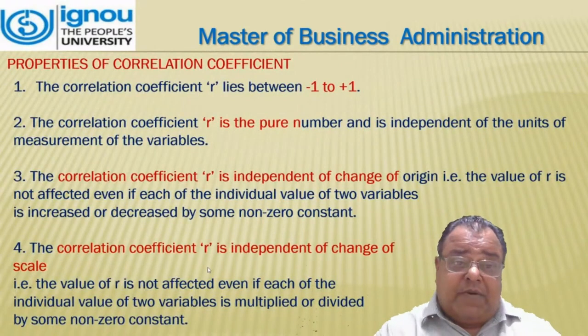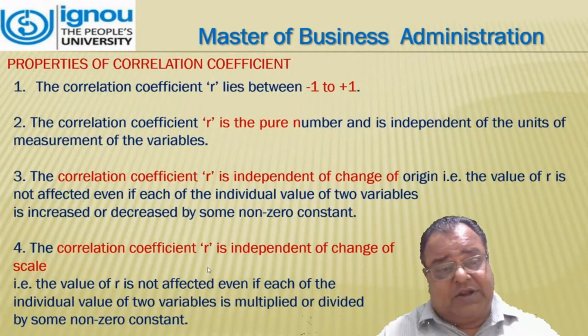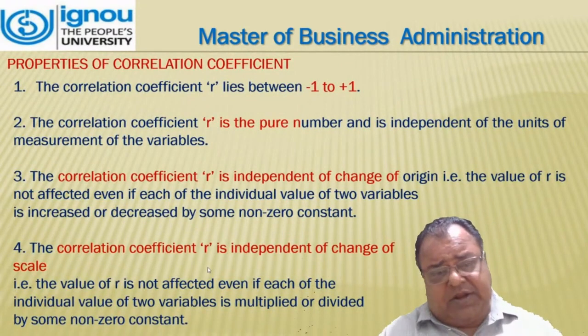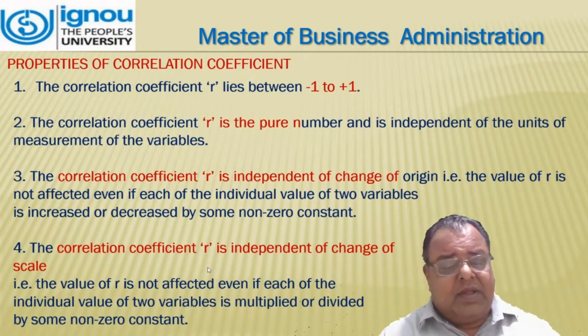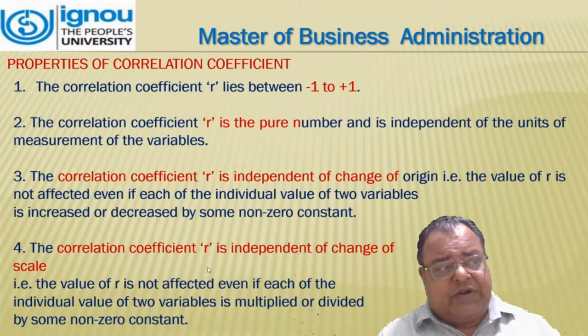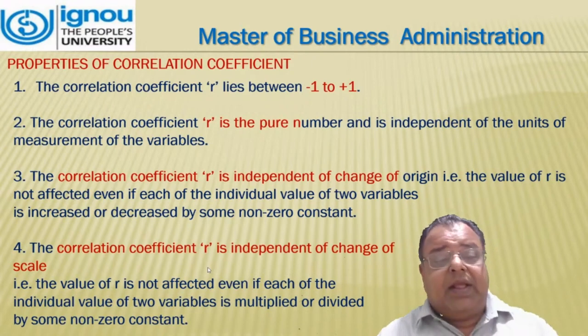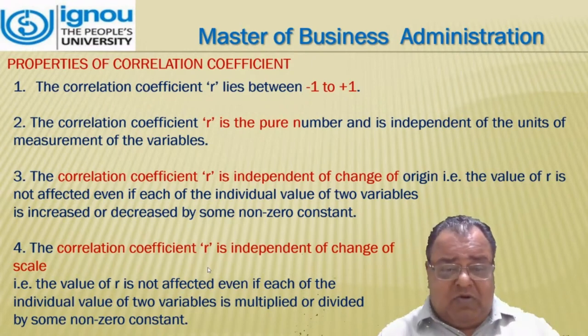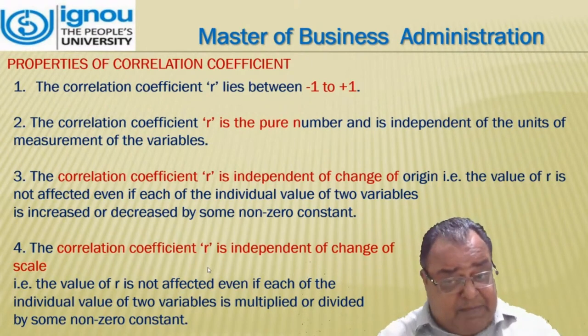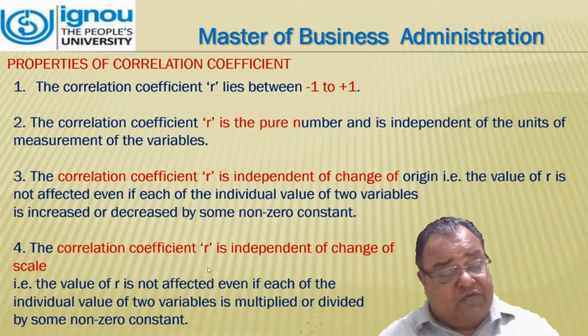What are the different properties of the correlation coefficient? The correlation coefficient r lies between -1 and +1. Secondly, the correlation coefficient r is a pure number and is independent of the units of measurement of the variables. Thirdly, the correlation coefficient r is independent of change of origin.